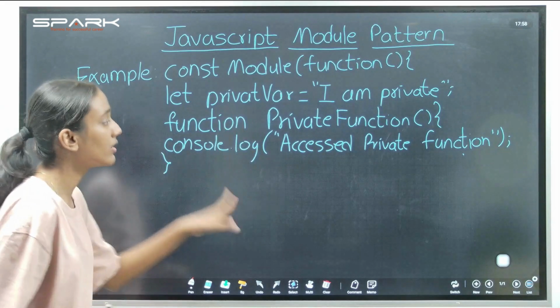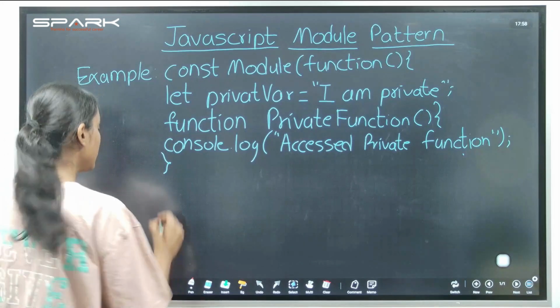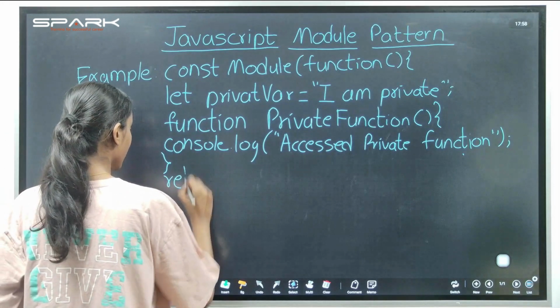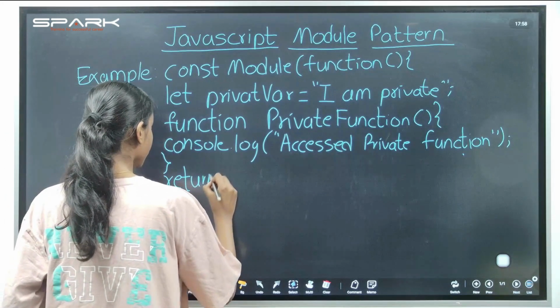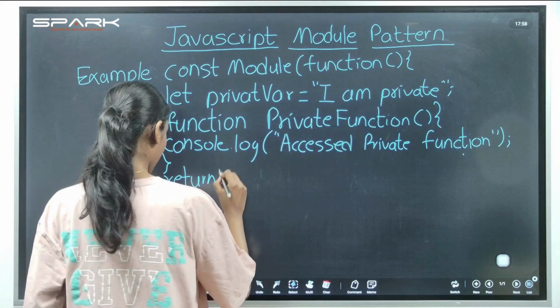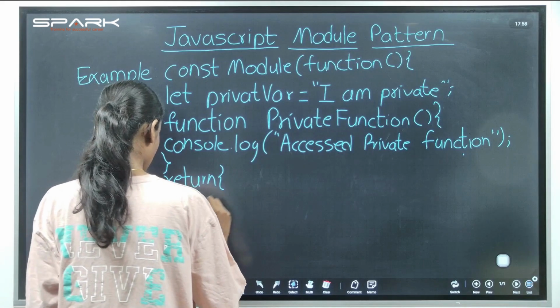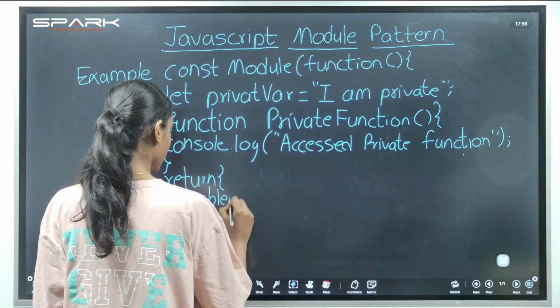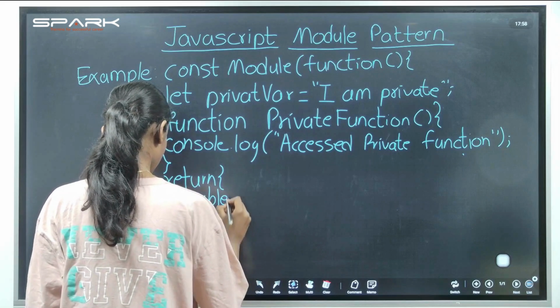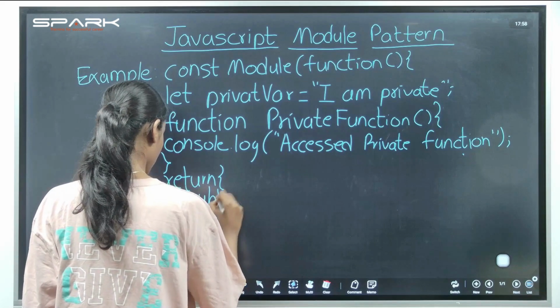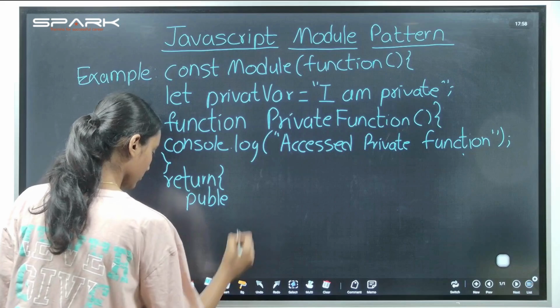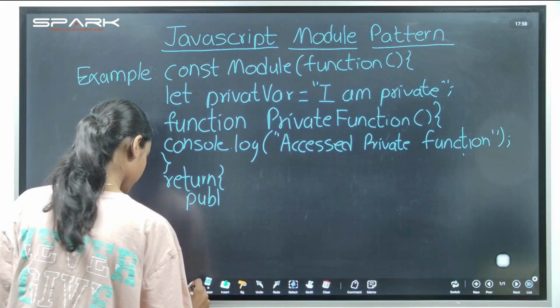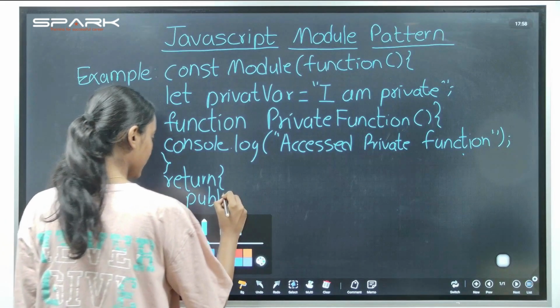Now we are going to return an object, so first we use the return statement. We are going to use a public method.